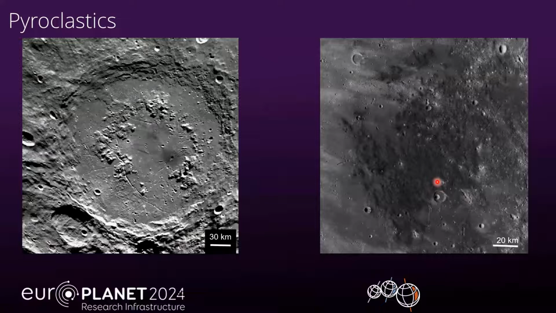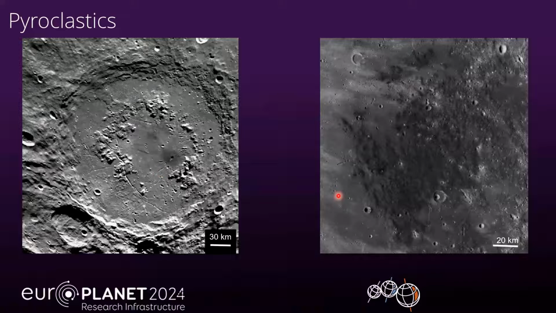And these materials are one of the things that's of particular interest for in situ resource utilization, because you can pretty easily break off the oxygen atoms to generate a source of oxygen. So when you hear about ISRU on the moon, this is one of the source materials that people are interested in. So pyroclastics might be something that you would end up with as an extra unit, a dark mantle unit, on your geomorphologic map.